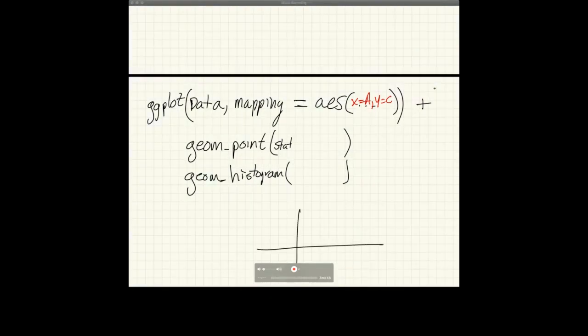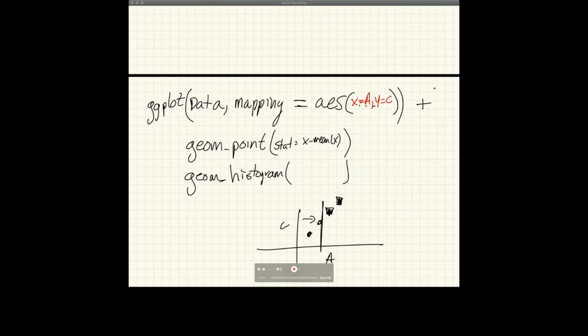So, for instance, if I had my original plot of point and square, and I have A, and I have C, if I said something like stat is equal to x minus x mean, then I would shift all of my positions over to the average value on the x-axis.